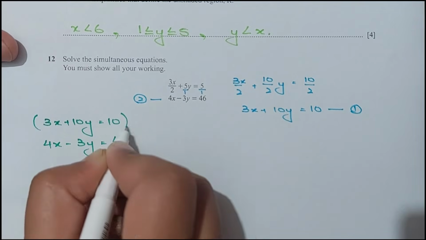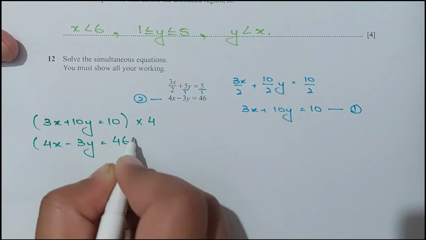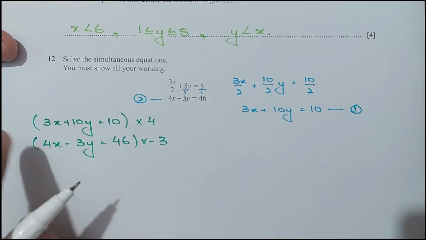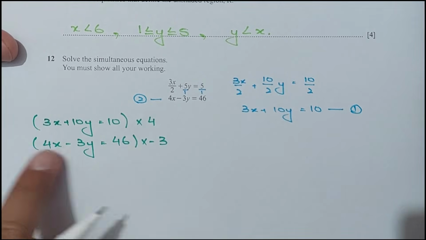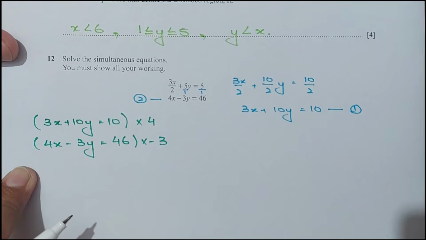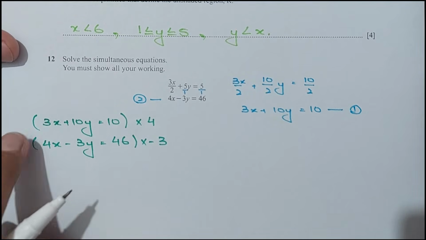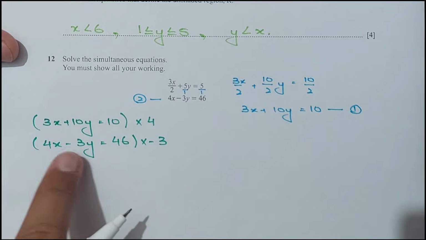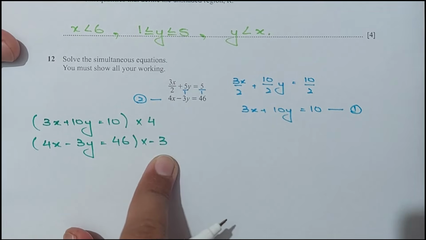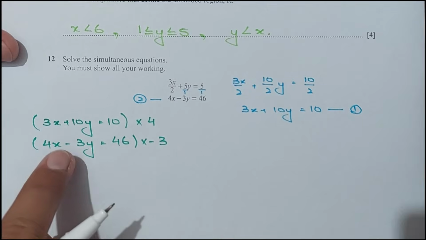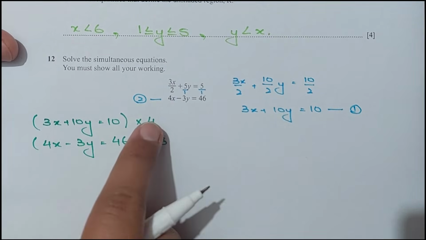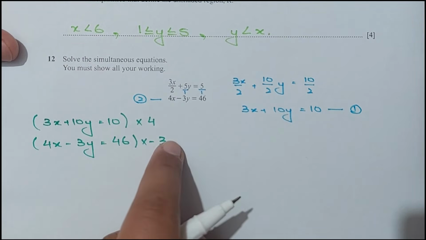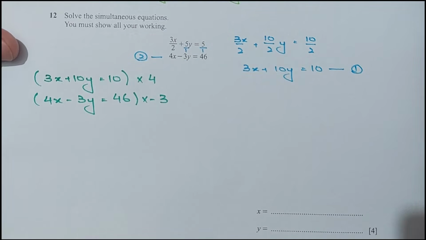If I multiply my first equation by 4 and my second equation by negative 3, this 3 and 4, to get rid of x. Why am I multiplying? I want to get rid of x. I want to use the method of elimination. So I'm multiplying the equations with the opposite coefficients of x. If you want to cancel the y, then multiply the first equation by 3 and the second by 10, the opposite coefficients, right? Okay, let's do this.